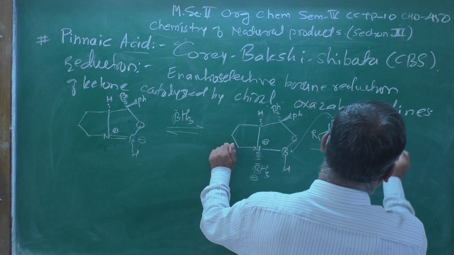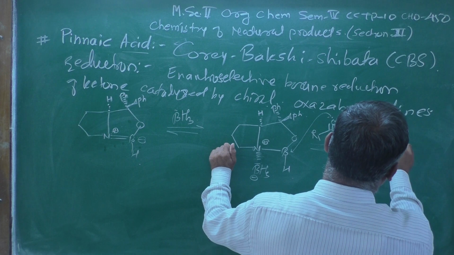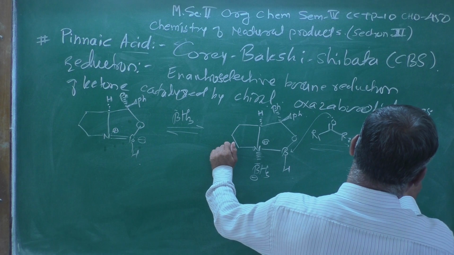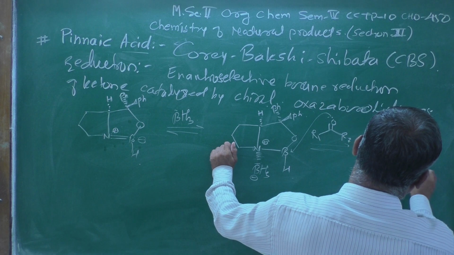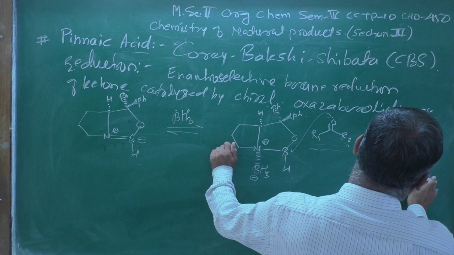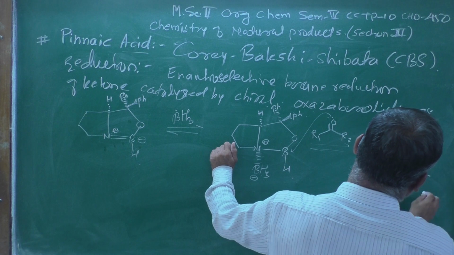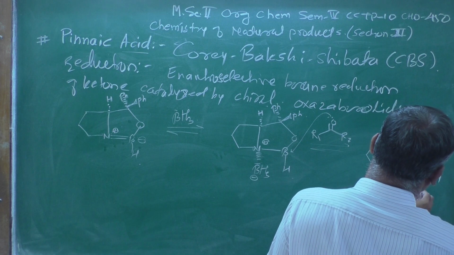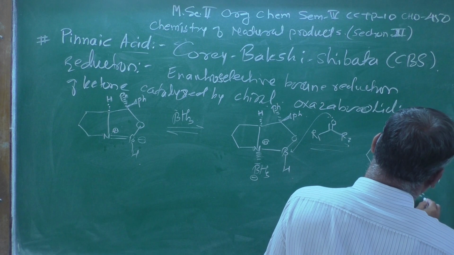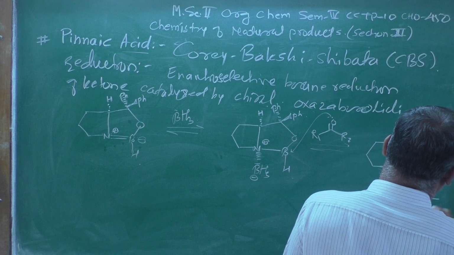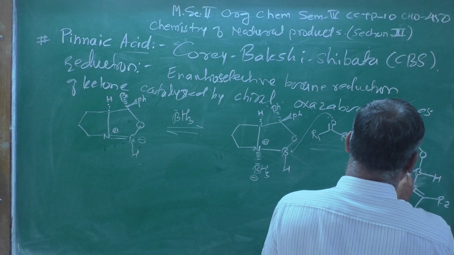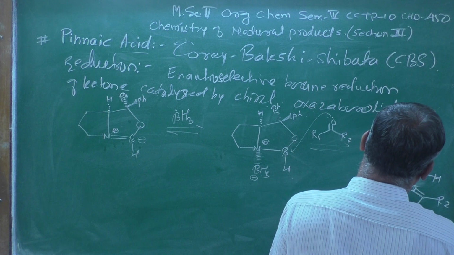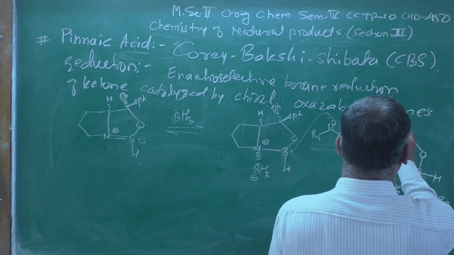You are going to get further N, this 5-membered ring, then oxygen atom, then here is a boron, once again here is a hydrogen, here I am showing as a hydrogen atom, here the oxygen atom double bond, then we can show R1, R2, here would be the BH3 with minus charge over there, and the positive charge remains as it is.